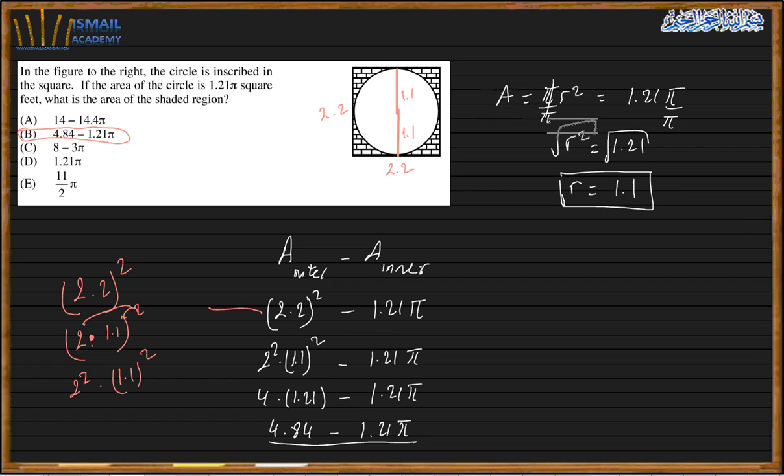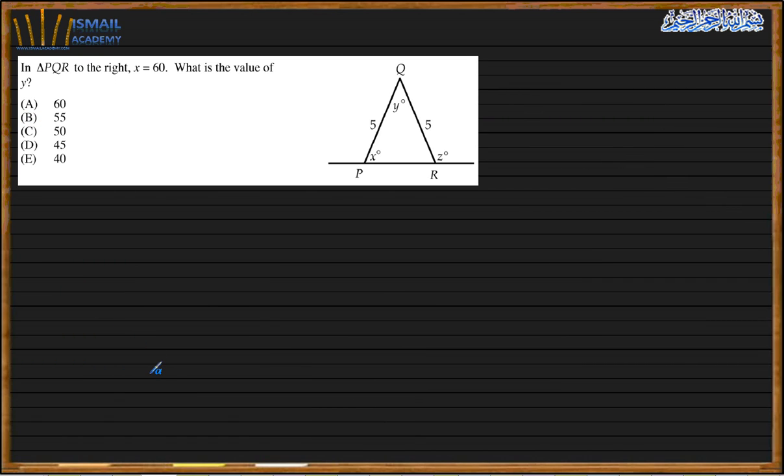All right, next question. Here we have triangle PQR to the right and x equals 60. As you see, the sides are congruent. If the sides are congruent, the base angles of those sides are congruent too, because this is an isosceles triangle, so here is 60. If this is 60 and this is 60, obviously this one is 60. Why?